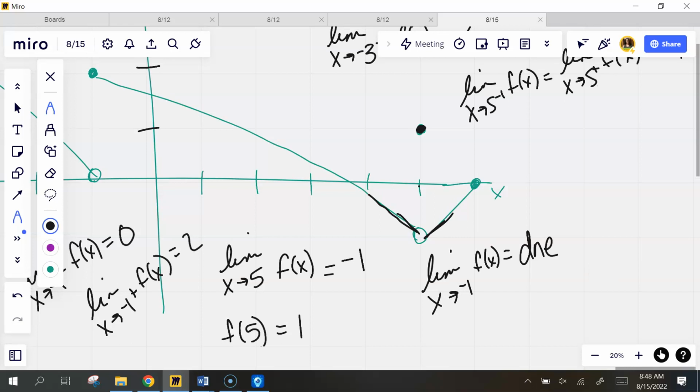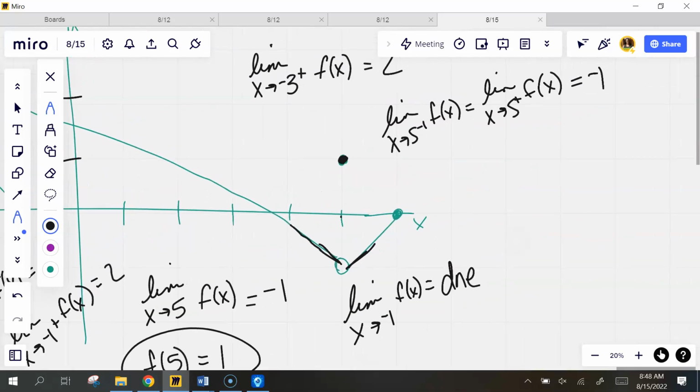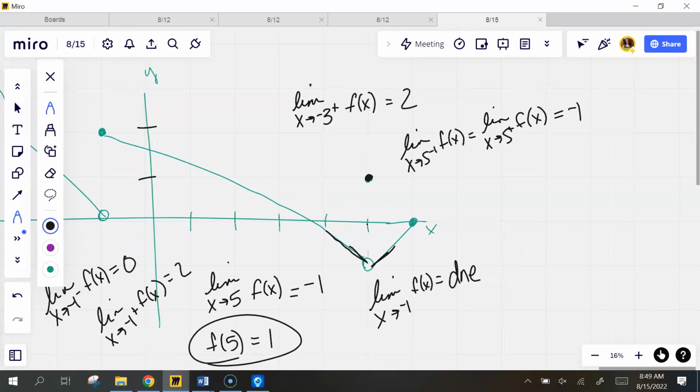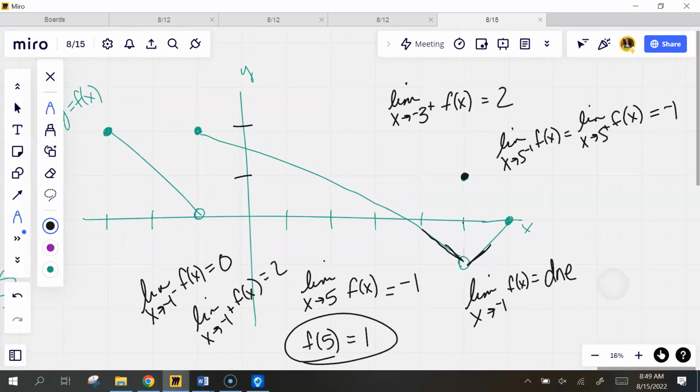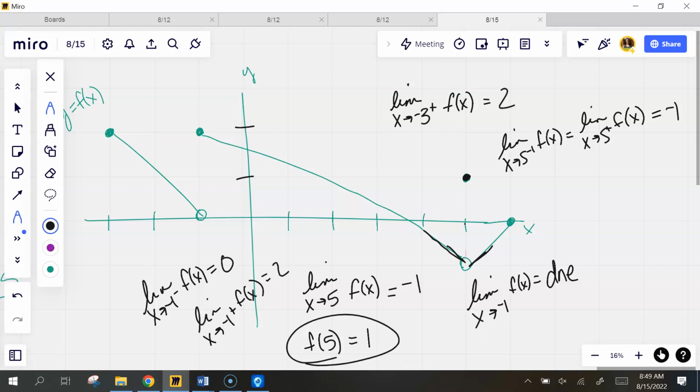So when you're looking for function value, you're looking for that closed dot. You're looking for where it's defined. That's okay. I'll give you a second to catch up.